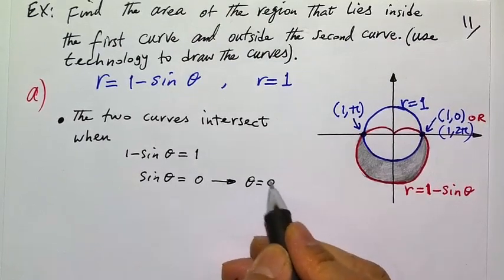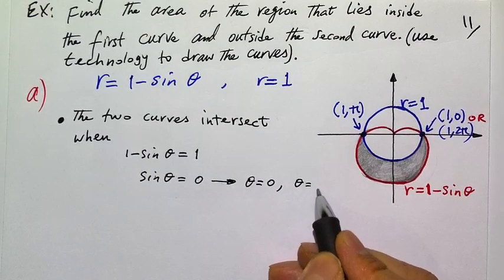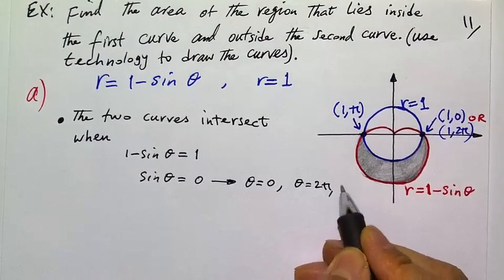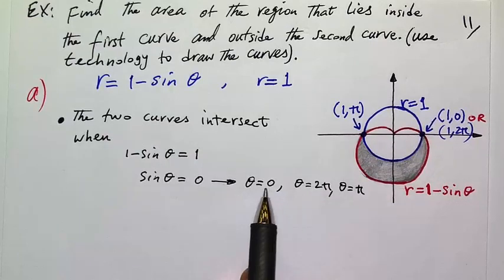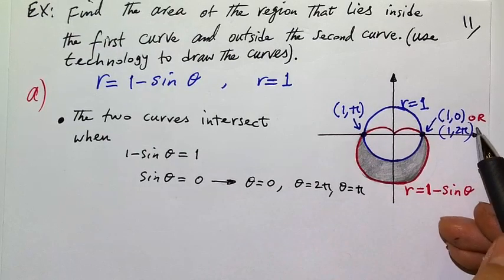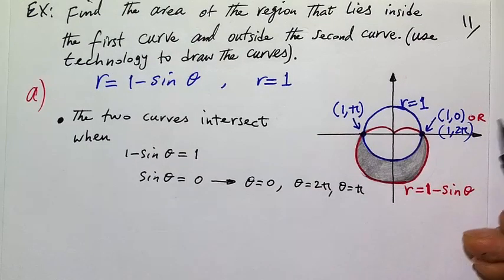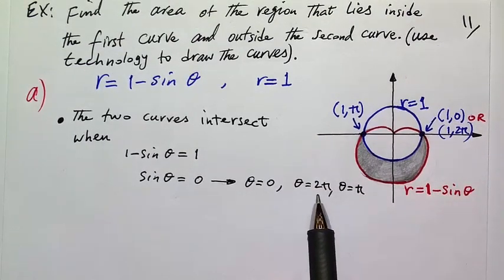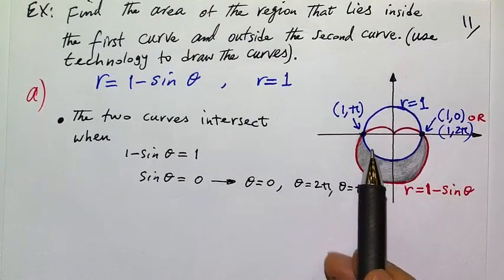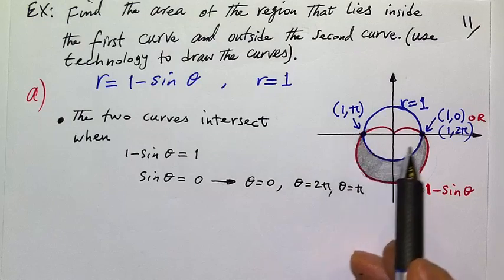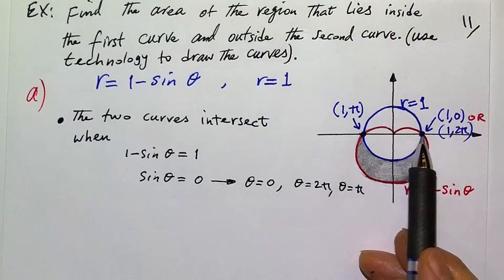That's when theta equals 0, or theta equals 2 pi, and theta equals pi. 0 and 2 pi are the same angle. That's why I put 1, 0 or 1, 2 pi. But we're going to use 2 pi because of the region that we're integrating. It makes sense if we integrate from pi to 2 pi. That's why instead of 0, we're going to use pi to 2 pi. That's all.